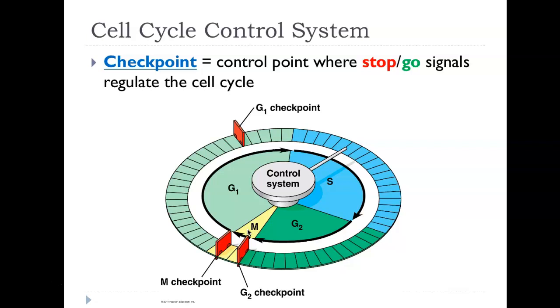All right. So you're going to want to write that down. There are checkpoints that are control points where there are stop and go signals that regulate the cell cycle. It's very important that these checkpoints work so that a cell doesn't underdivide, but also so it doesn't overdivide.